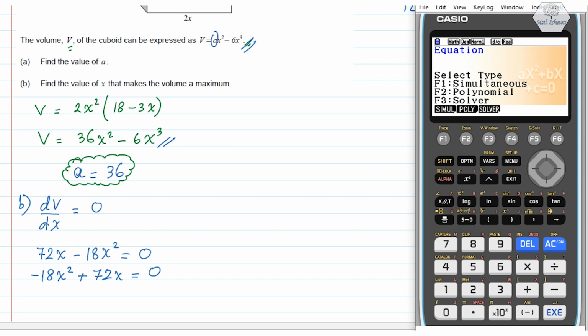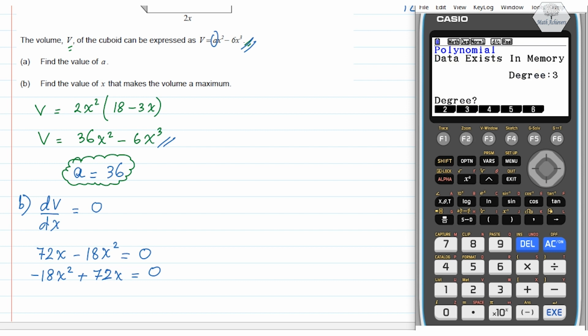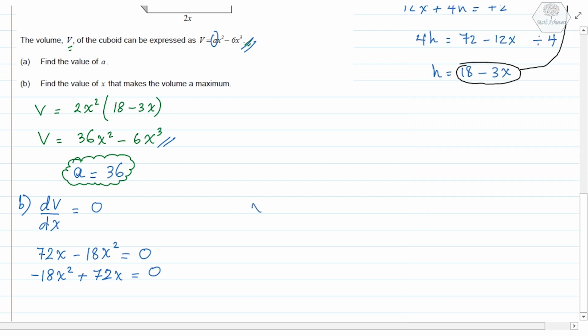In the equation, I'll choose polynomial because this is a polynomial, and degree of 2 because it's squared. A, which is the coefficient of x squared, is minus 18. B is 72. And the value of C is 0 because I don't have any constant, and I execute. I'll have x1 equal to 4, and the value of x2 is equal to 0.